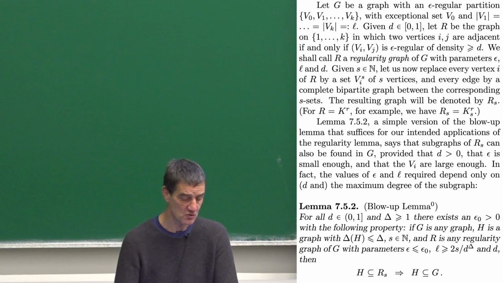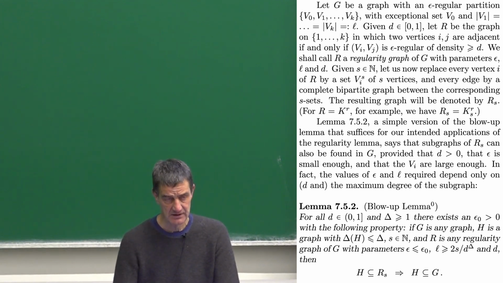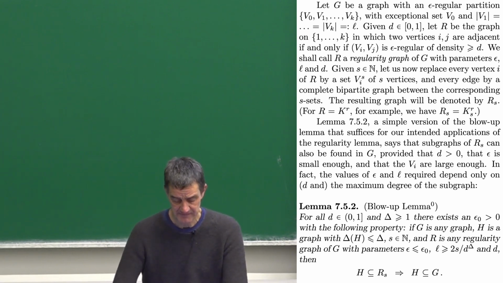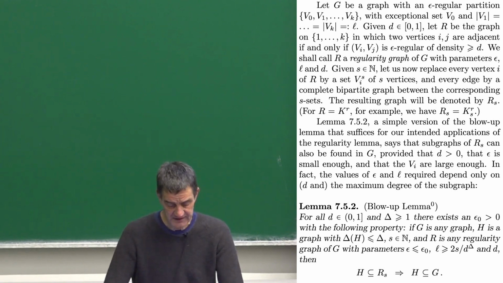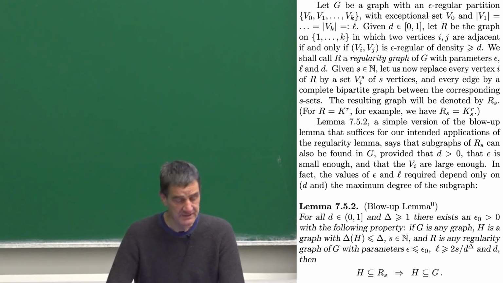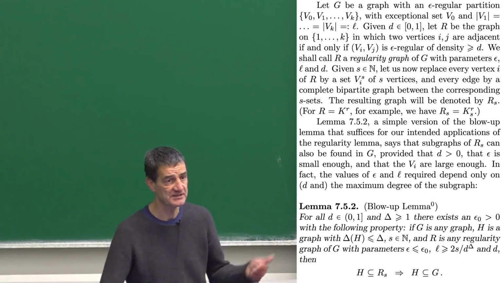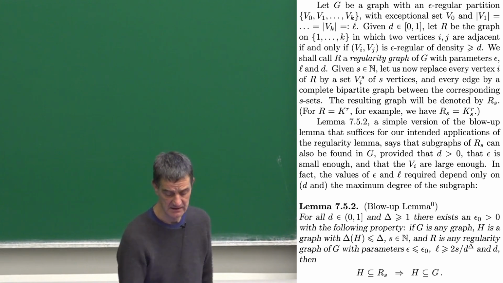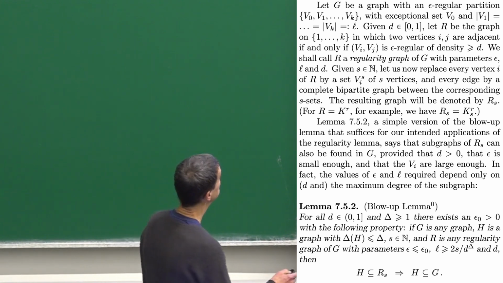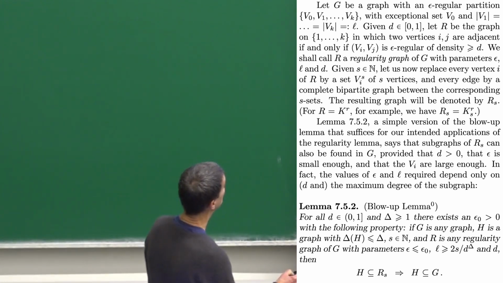And there is one more condition that we must satisfy, and that is that the classes of our epsilon regular partition have to be big. This L has to be big in terms of little d, big delta, and S. And this is how it depends on them.